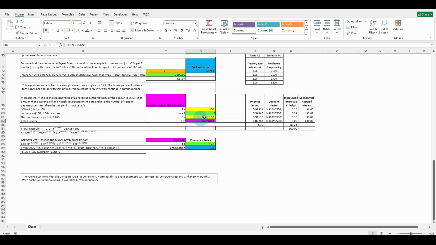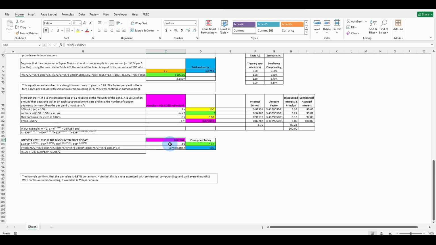So where does this come into play? We have a zero price today. A equals 3.70. Our confirmation would be to plug in this D, and that's this 6.87. And 6.87 is 100 minus 100 times D. You see we're going kind of circular here. And this is the same number.